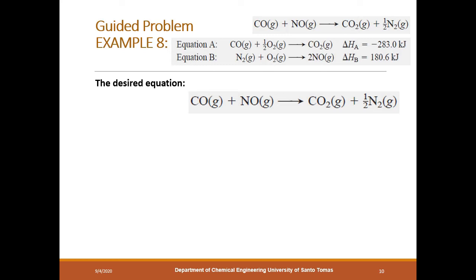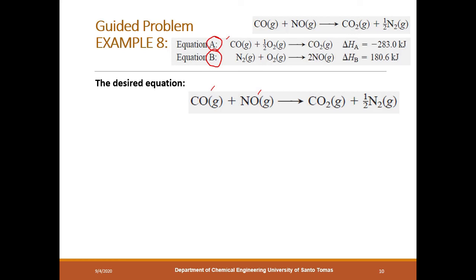Now, as stated, we are to manipulate the equations such that we will be able to follow the pattern, meaning we should have from these two equations A and B that carbon monoxide should be on the left side as well as the nitric oxide. So for this case, equation A follows that carbon monoxide is on the left side, so we will leave it as is.